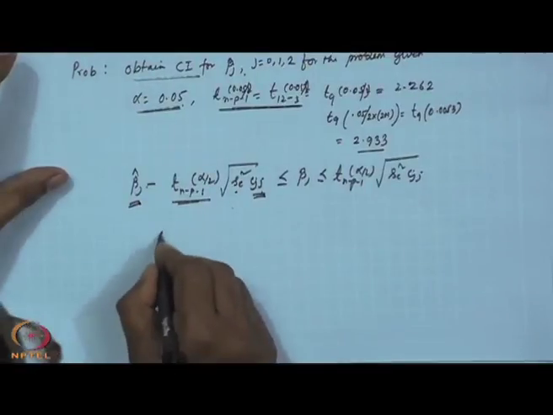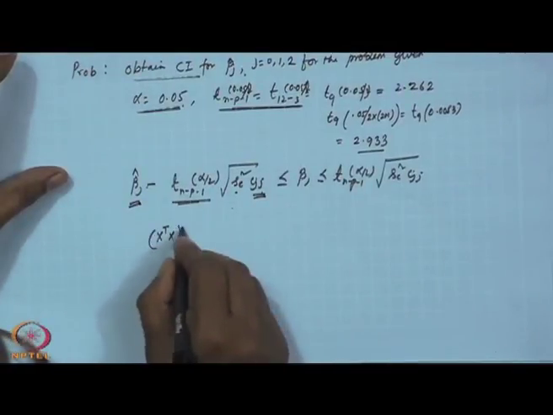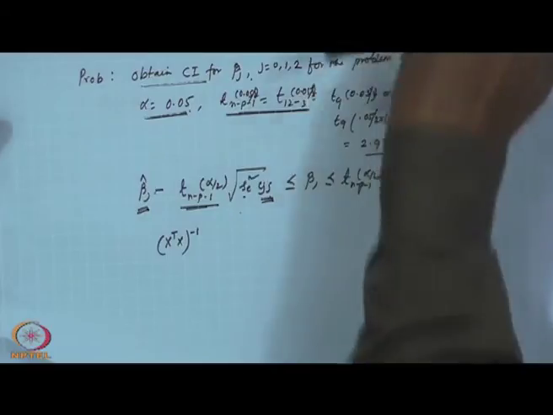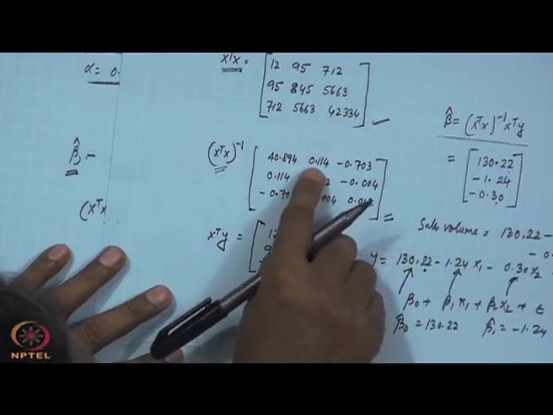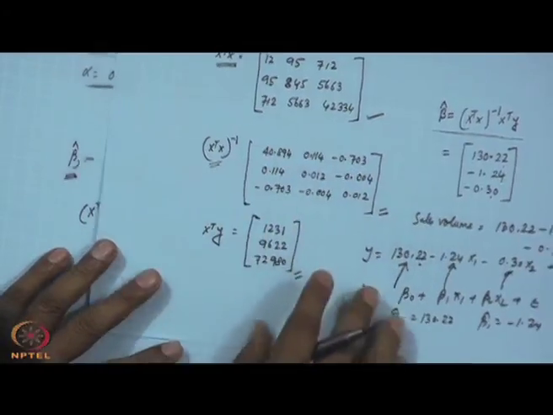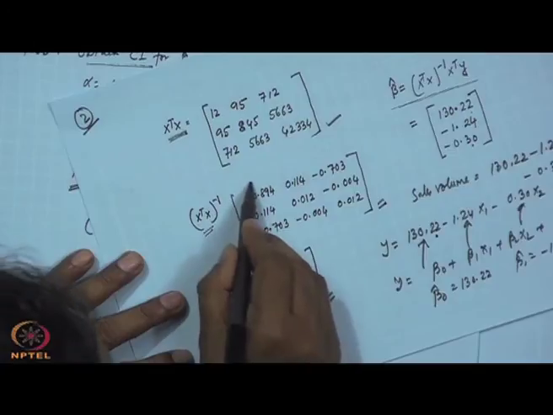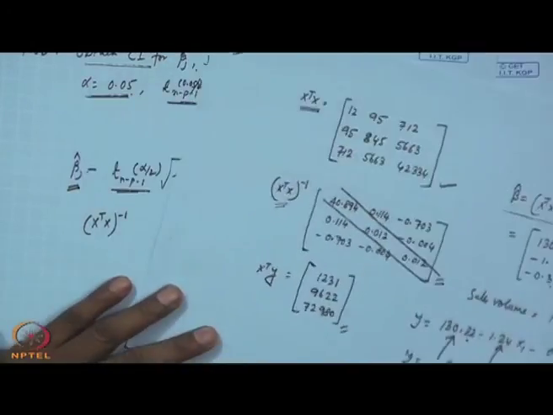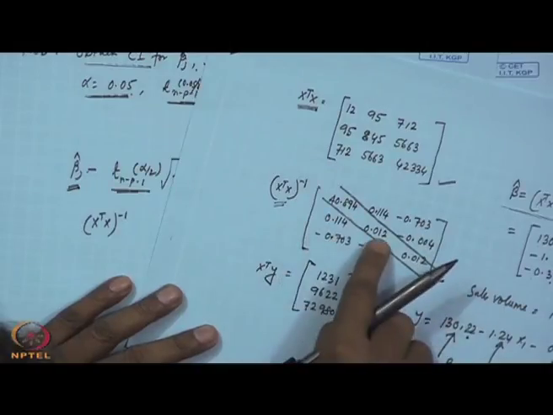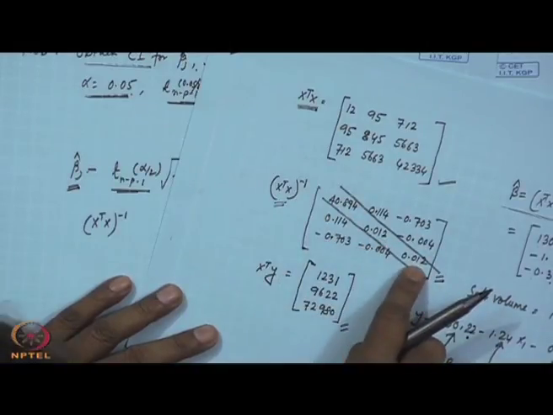Okay. So, if you require to calculate C jj, you require to know X transpose X inverse, and I have already given you that X transpose X inverse is this matrix, with first entry 40.894. This matrix you will be computing. The diagonal elements are your variance part. First one is for beta 0, second one is for beta 1, third one is for beta 2.